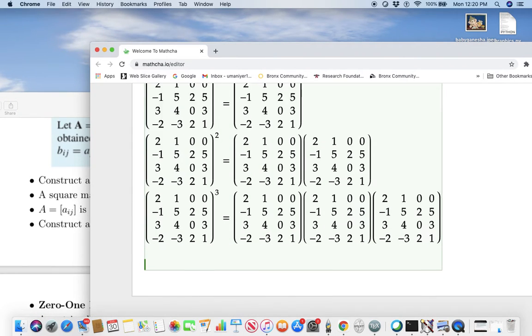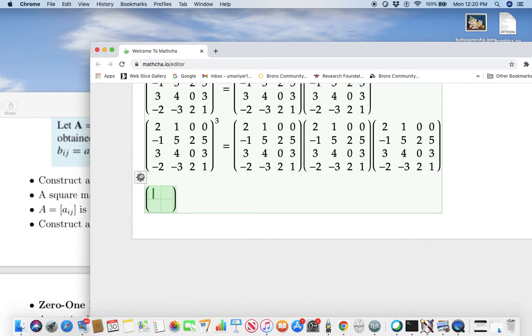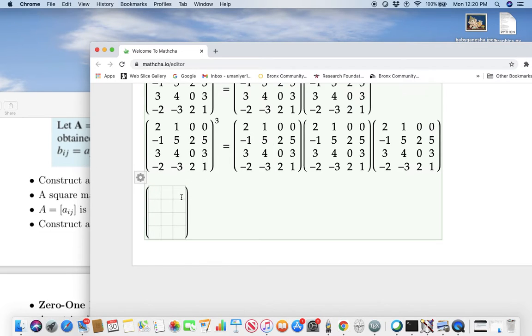Okay, so let's construct a matrix which should be 4 by 3. 4 by 3 means 4 rows and 3 columns. So 4 rows, 3 columns. So let me put in some numbers.